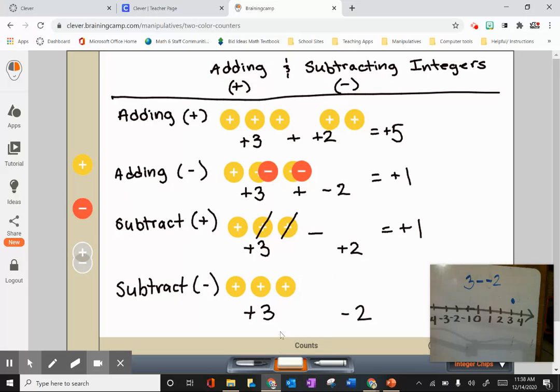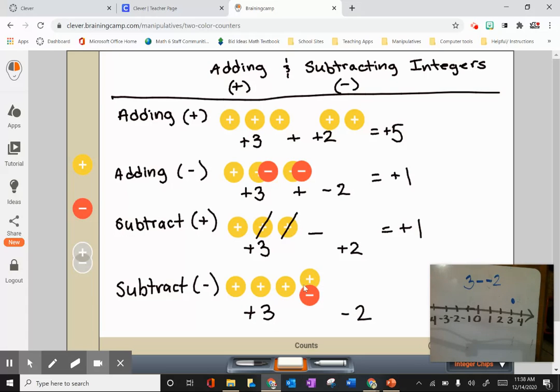Well, I could represent 3 in a different way. Let's say I add 0 to it. If I add 0 to 3, it won't change the 3. So I'm going to add 0 to 3.